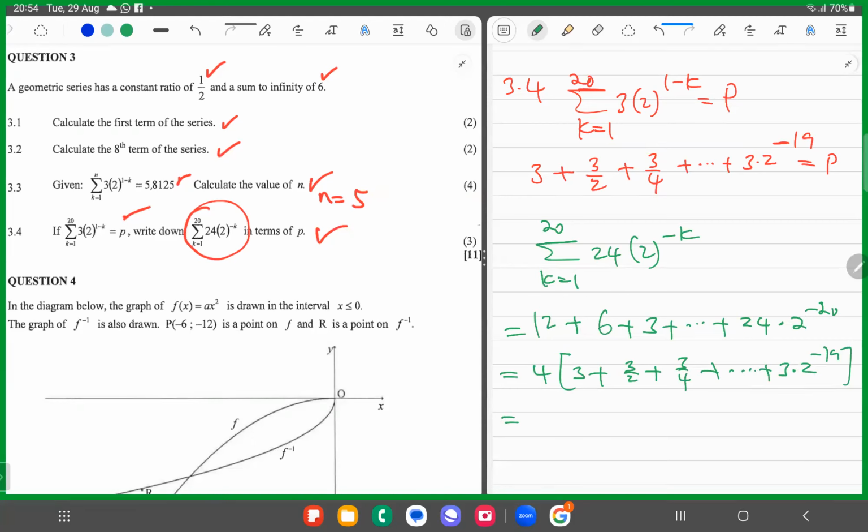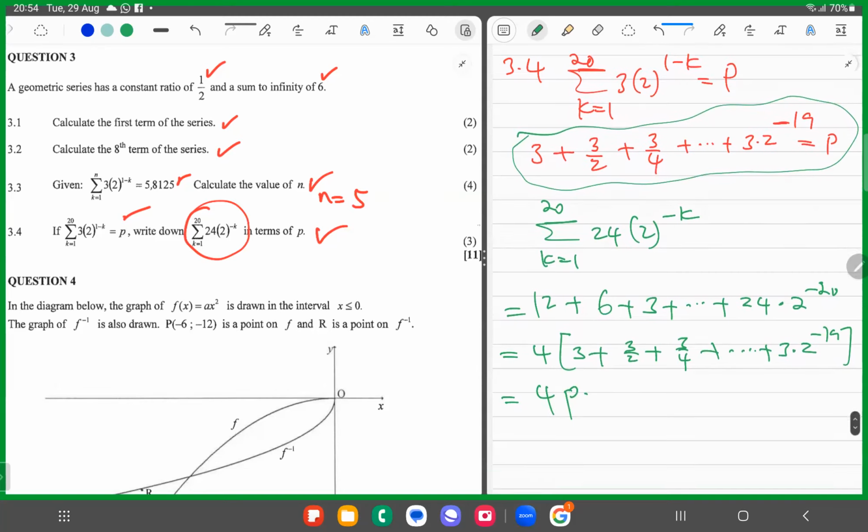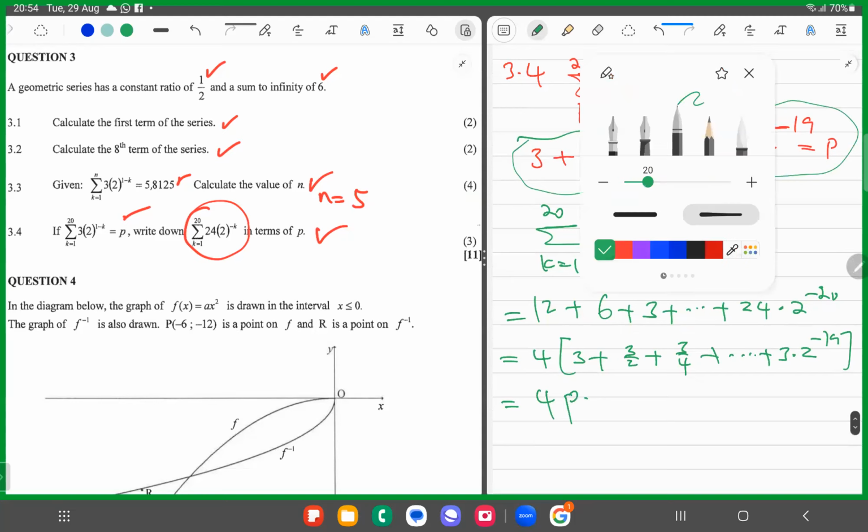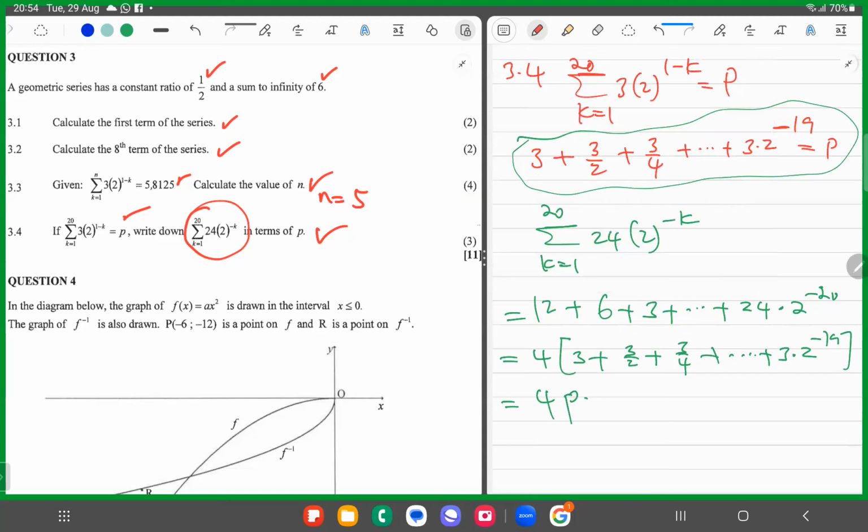So you can see that 3 plus 3 over 2 plus 3 quarters plus dot dot dot plus 3 times 2 to the power minus 19 is equal to p. So this is exactly 4p. Right, so we've written the summation in terms of p. So the conclusion can therefore be, if one wishes to, you can write it as follows.